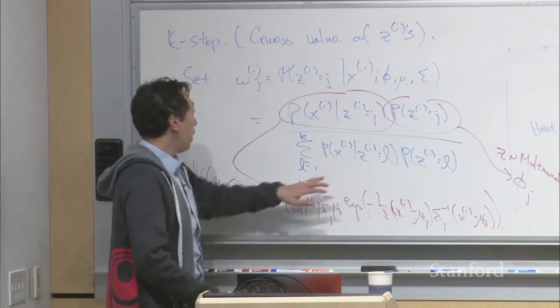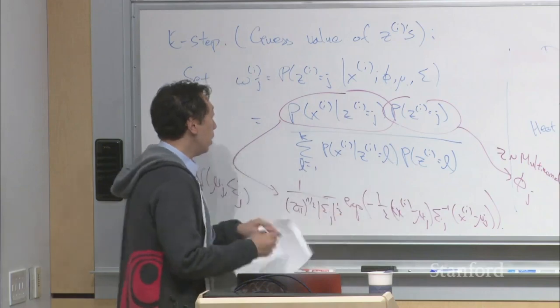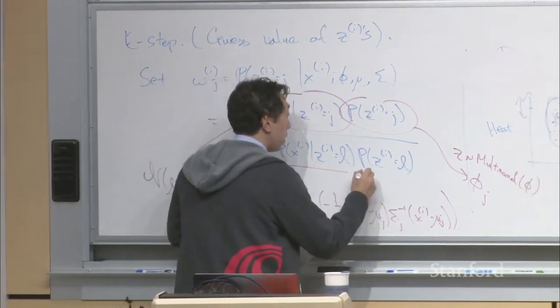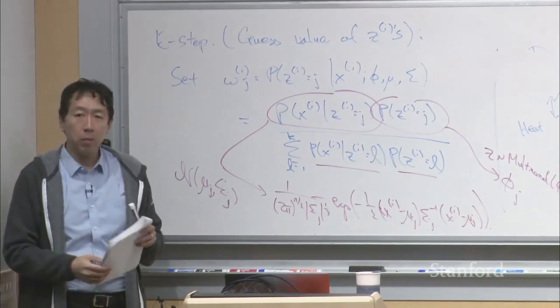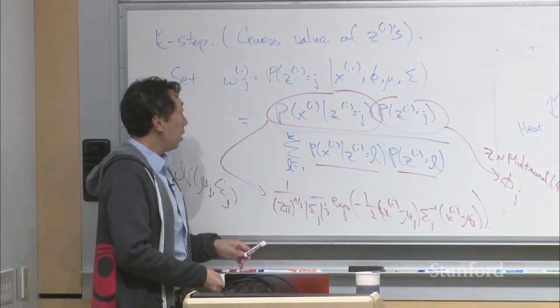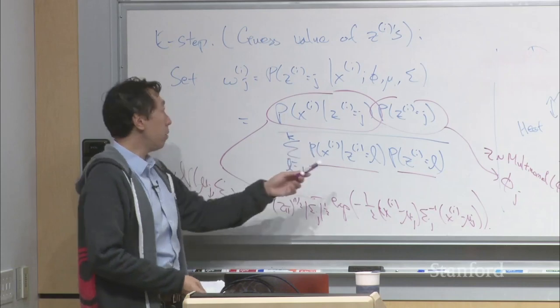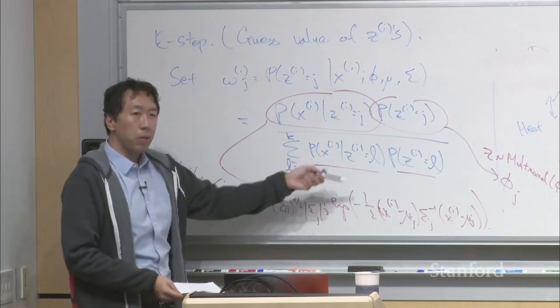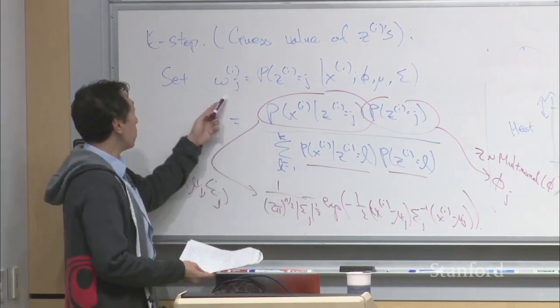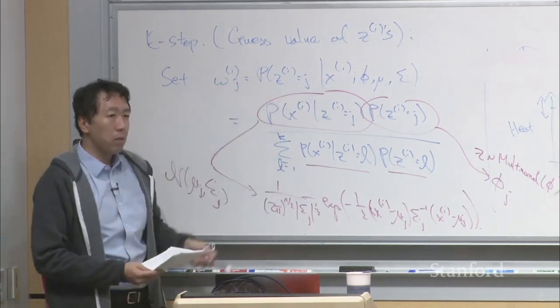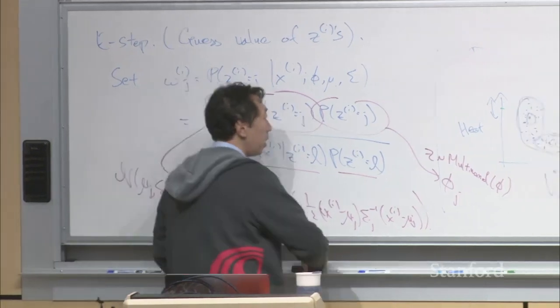And similarly, in the denominator, this term here is from the Gaussian, and that second term is from the multinomial probability that you have for z. And so that's how you plug in all of these numbers and use Bayes' rule, use this equation to compute, given the position of all these Gaussians, what is the chance of w_ij taking on a certain value, okay?